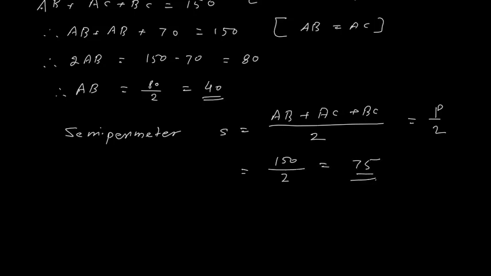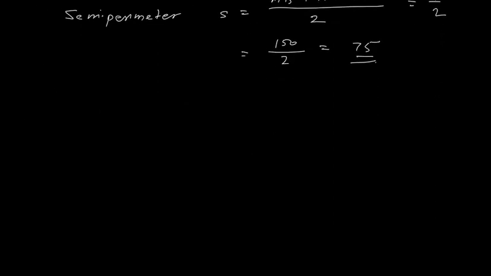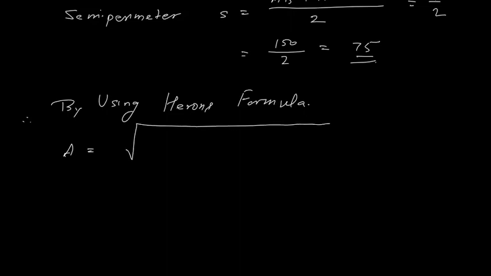Therefore, by using Heron's formula, I will say that area is equal to the square root of S, the semi-perimeter.